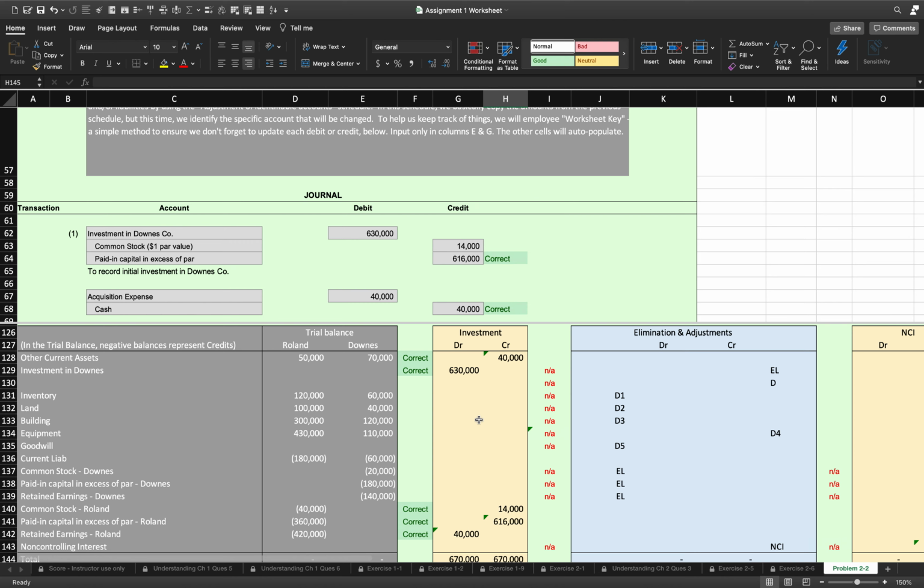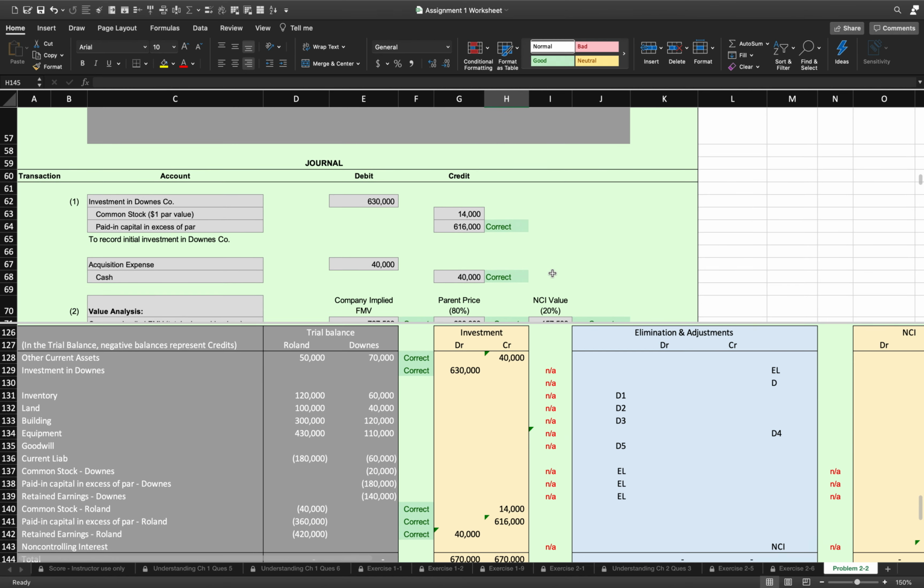And subsequent to this date, we're going to just pretend these entries in the investment column and in the elimination column didn't post, because we won't post them, and the two companies will continue to exist separately. But for this moment, we want to be able to provide a consolidated idea of what the investments were worth to the parent company in just one statement. Thus, the name Consolidated Statements.